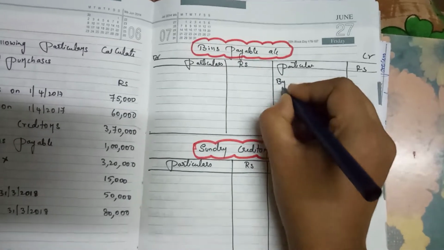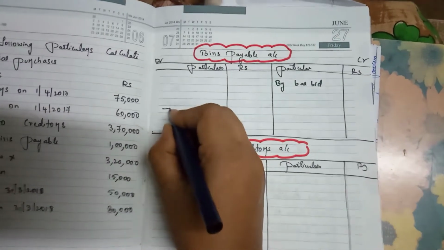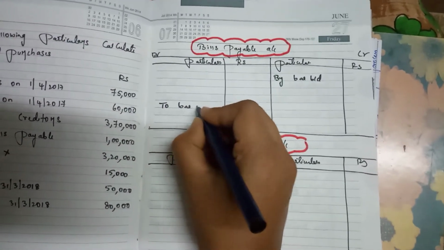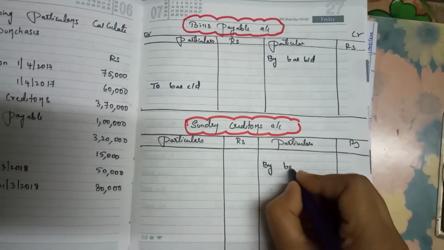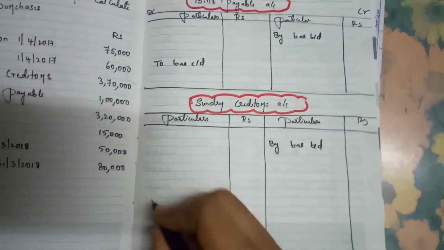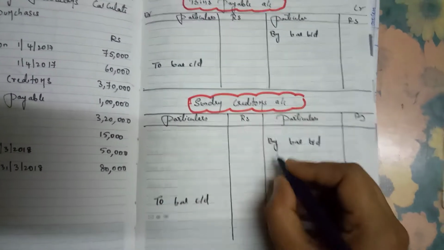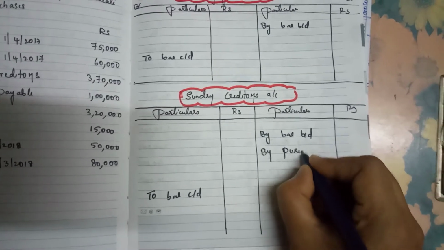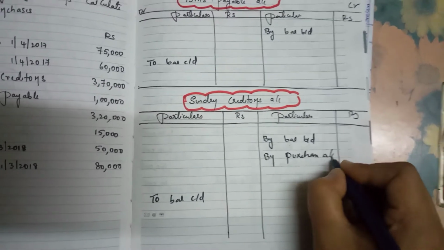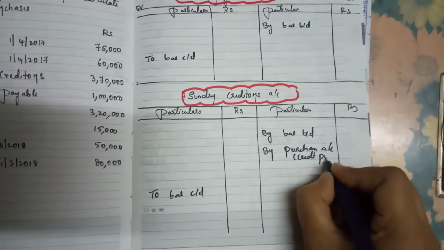I start with by balance brought down, to balance carried down, so it will be easy when we write here also. Here you are going to find out by purchases account, credit purchases.